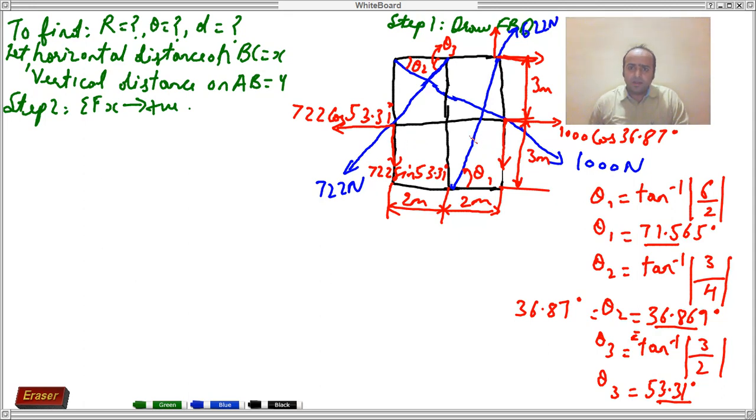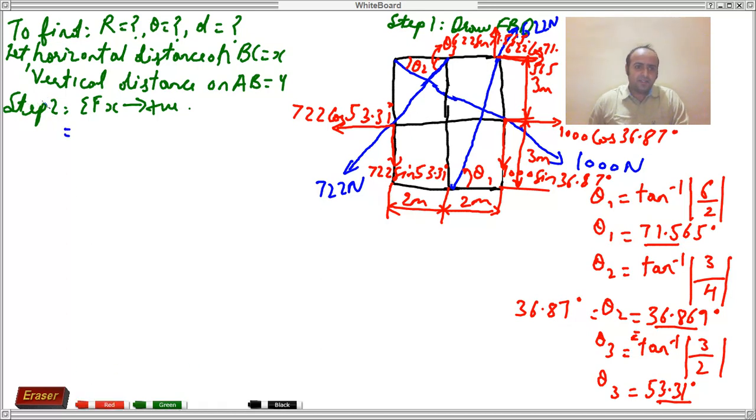Similarly over here, 1000 sine of 36.87 degrees. Okay, last but not the least, 622. So it was theta 1, 622 cos of 71.565, and over here 622 sine of 71.565. Okay, let us go ahead with the calculation one by one.